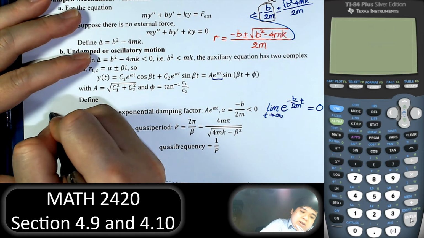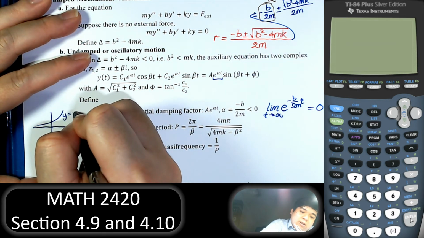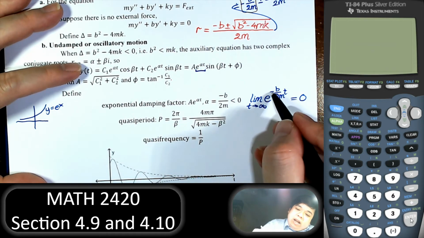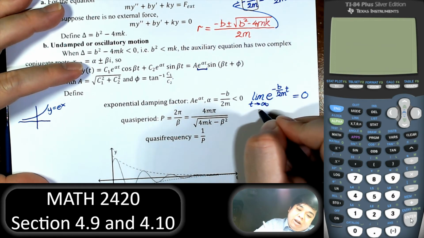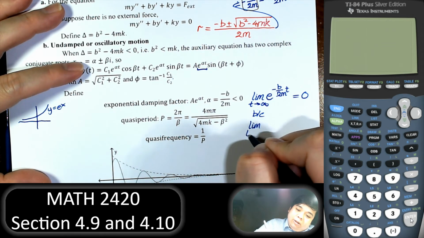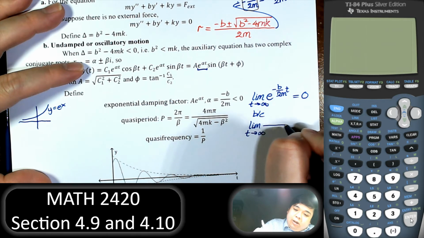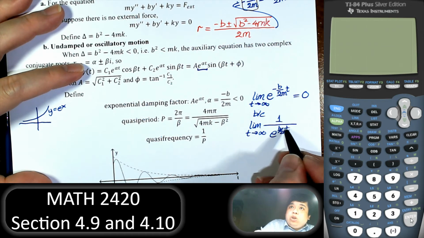Because of how the exponential function goes. This one has the negative exponent. A negative exponent, we can bring it down and it becomes positive. Now this goes to infinity.